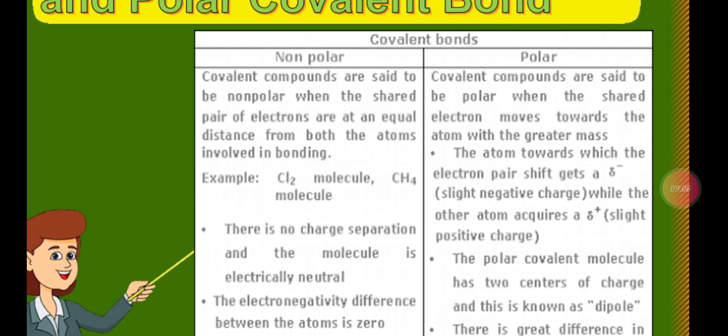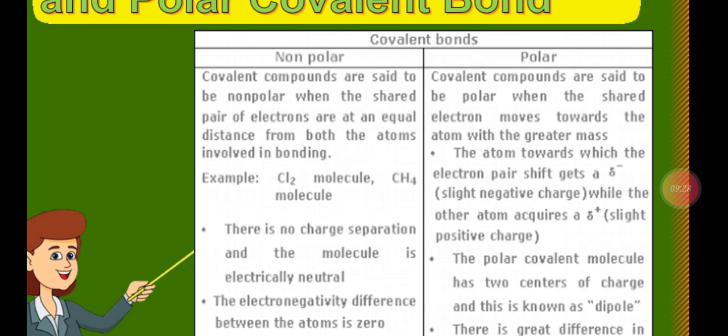But as the bond is formed between two similar atoms and the electronegativity difference is 0, the shared pair of electrons is held equally between the two chlorine atoms. Therefore, there is no charge distribution in such molecules and no poles are formed. These molecules are called non-polar molecules.